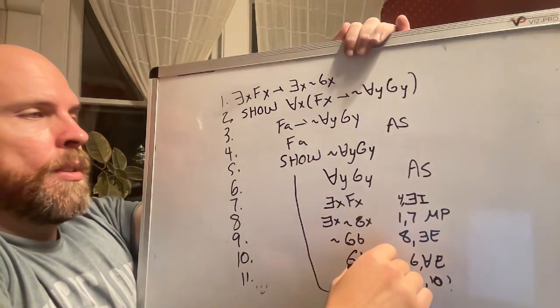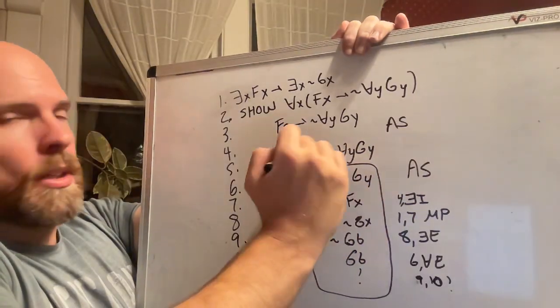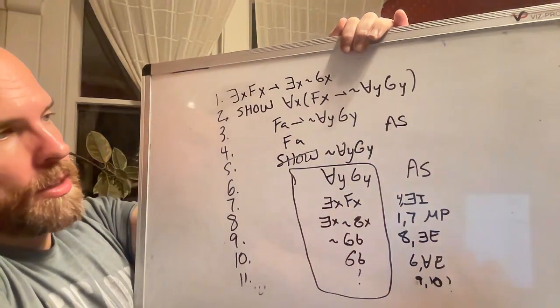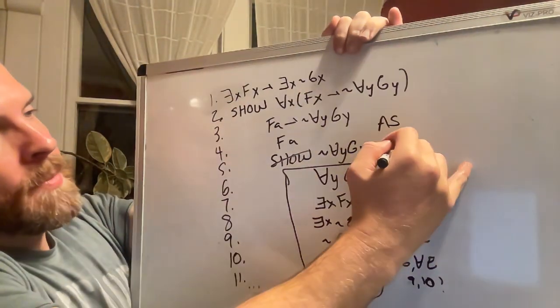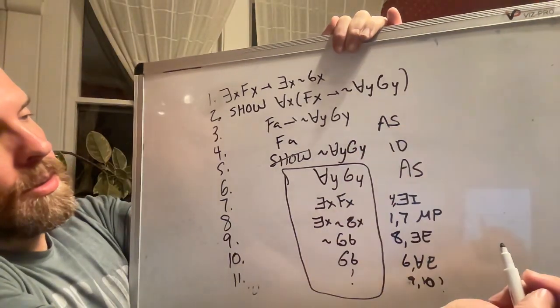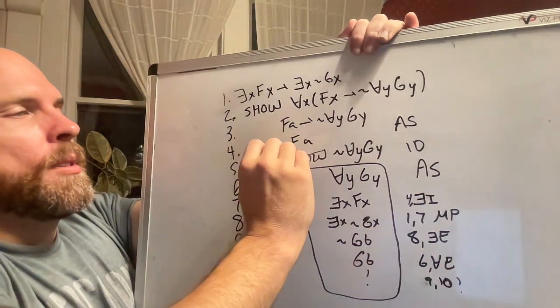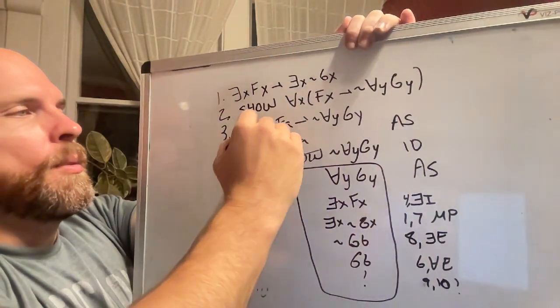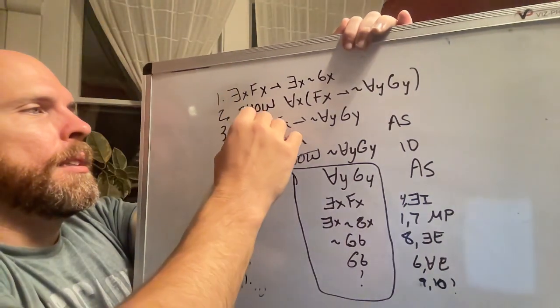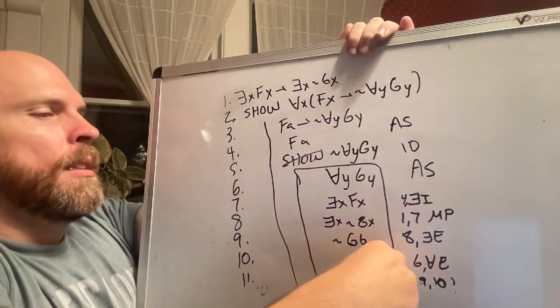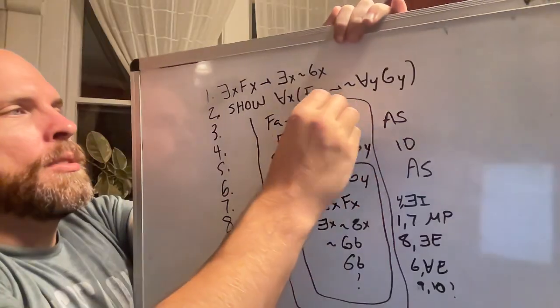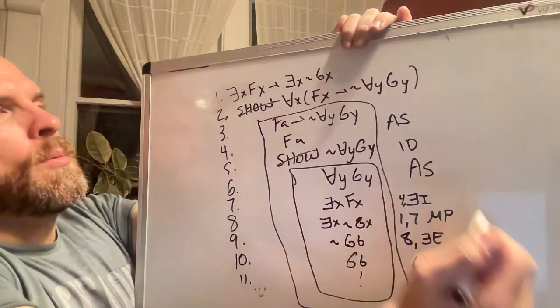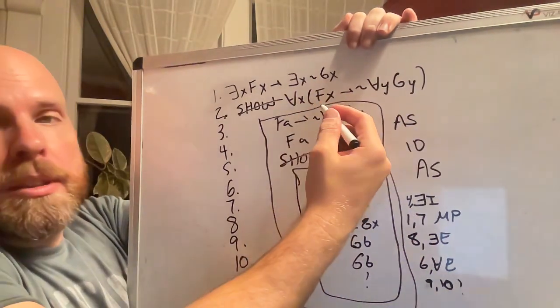I've shown something has gone awry on this assumption, which means the opposite has to be true. I did that by an indirect derivation. That was, of course, on the assumption of FA, and so I did that demonstrating that if FA, then it's not the case that everything's a G, which is what I was trying to show.